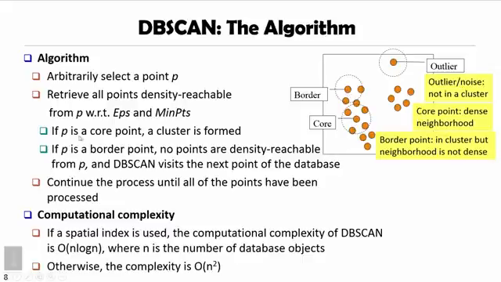If P is a core point, then a cluster is formed because from anywhere you finally can reach it. But if P is a border point, like this one, then no point is density reachable from P. For example, like this point, no point can be density reachable, so you think this one is noise or an outlier. Then DBSCAN will visit the next point in the database.